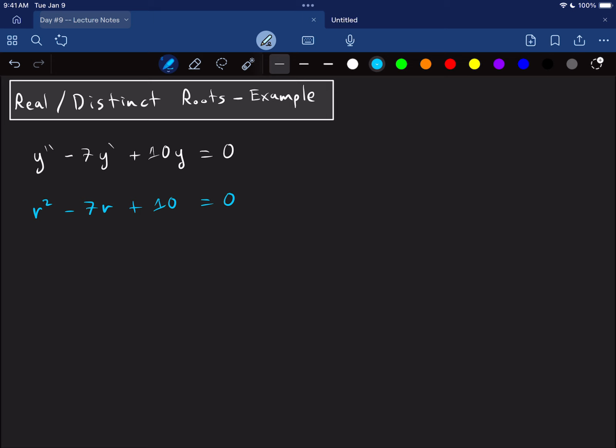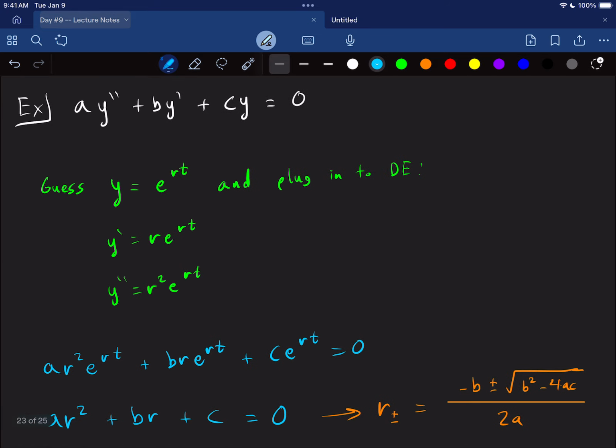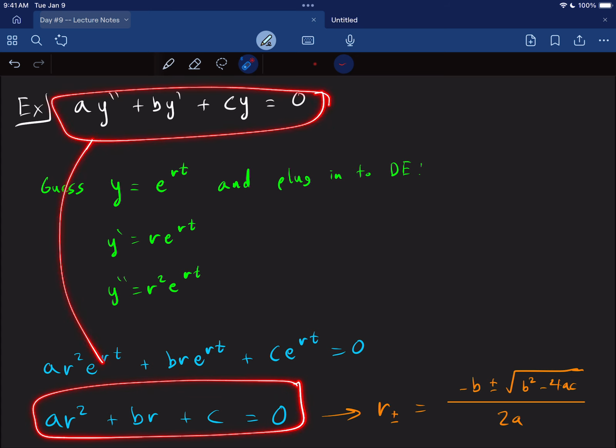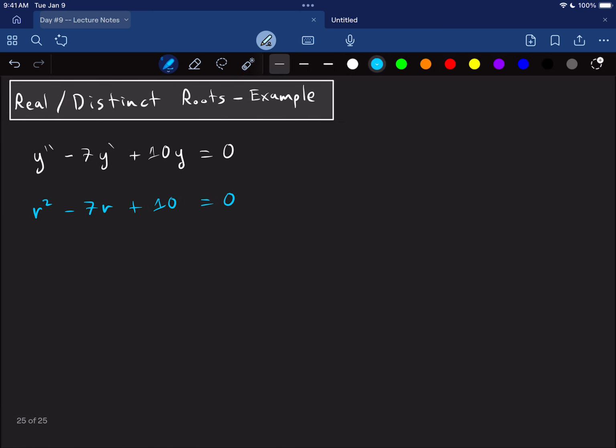Your y prime turns into an r, and your y doesn't have any r's. It's like an r squared, an r to the 1, and an r to the 0. That always happens. We generalized that here. I have no problem with you jumping right to that stage. From here, I have a quadratic equation to solve.